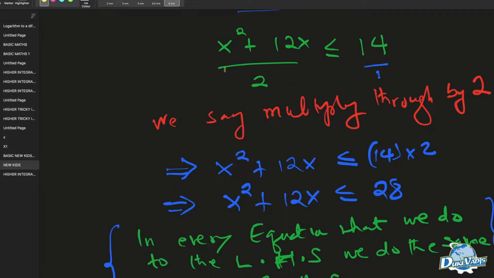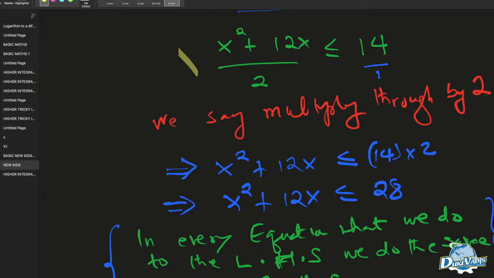We saw that the whole expression is divided by 2 and is less than 14. So we multiply through by 2, which is the common value that cancels the 2.